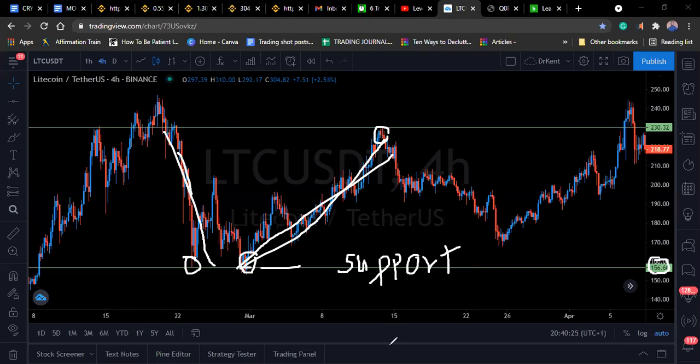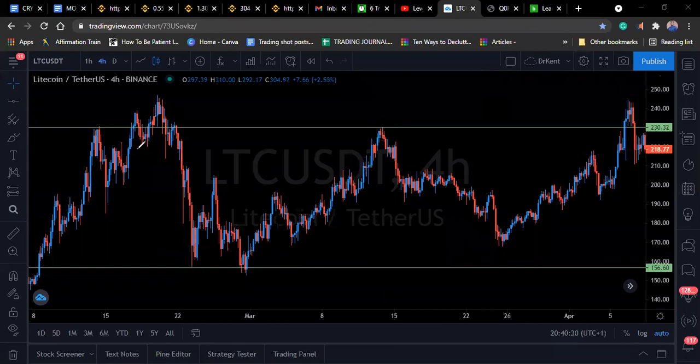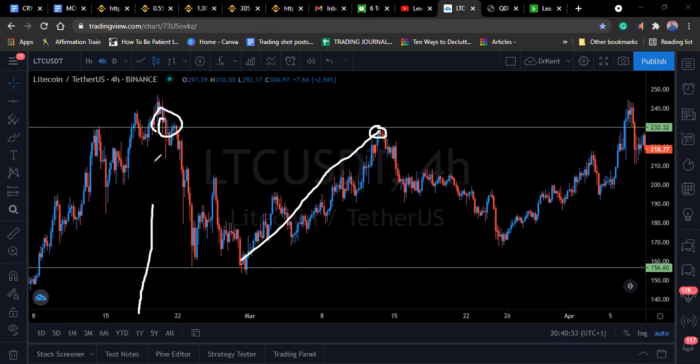Now, price then moves up, then heads back to where it was coming from before, which is around this level. When it got here, a lot of people who were buying said, okay, at this level in the past, which should be maybe the 17th of March, a lot of people sold here.